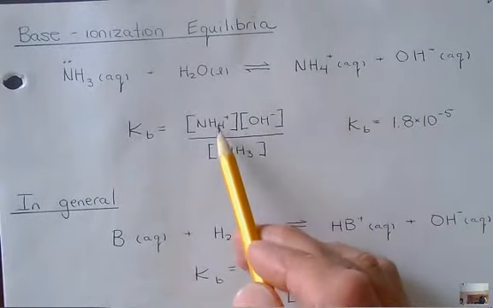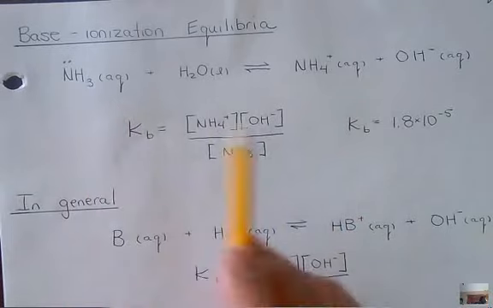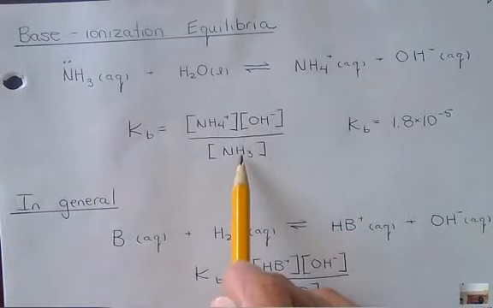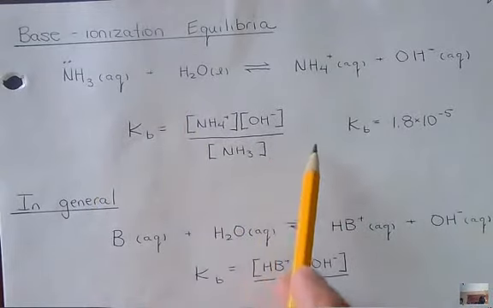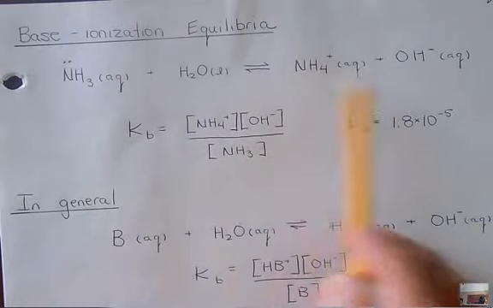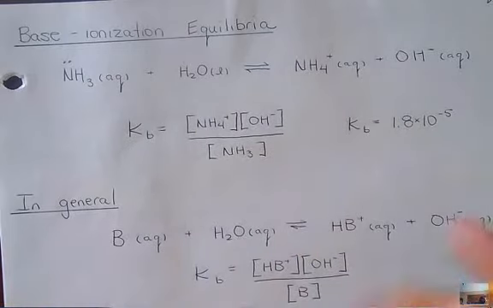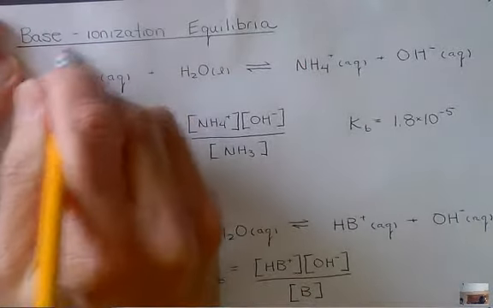So we have ammonium to the first power times hydroxide to the first power divided by the concentration of the original ammonia at equilibrium. We leave the water out, just like we always leave water out of the equilibrium. So two things in the numerator, one thing in the denominator, all to the first power, because all the coefficients are 1. Nothing gets squared.